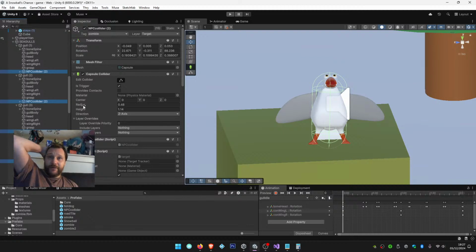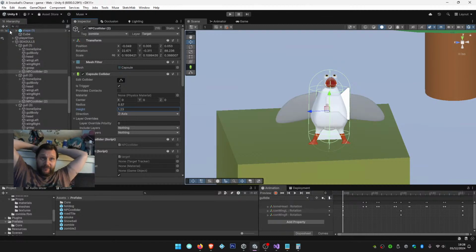Right, it's this one here. There we go. We'll do a little bit more height as well, so make sure it's a little bit easier to hit him. Right. And it registers a bit better. So hopefully that should improve the hitbox on him.